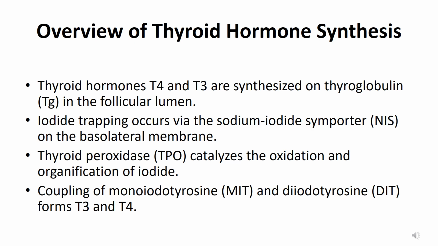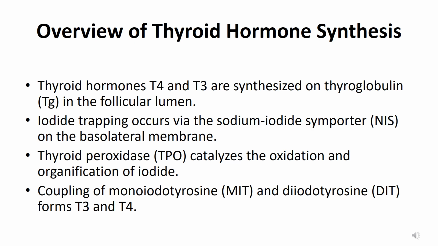This transporter is located on the basolateral membrane of the follicular cell, which faces the bloodstream. Sodium iodide symporter uses the sodium gradient to move iodide into the cell against its concentration gradient. This step is extremely important because the thyroid gland requires large amounts of iodine to produce thyroid hormones.